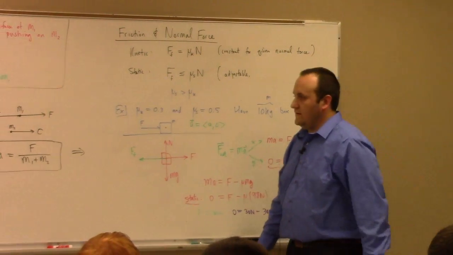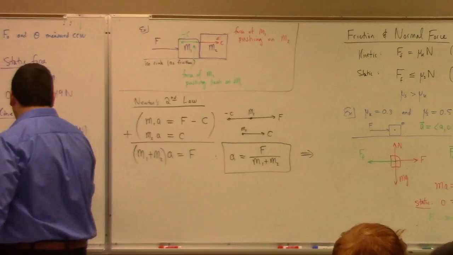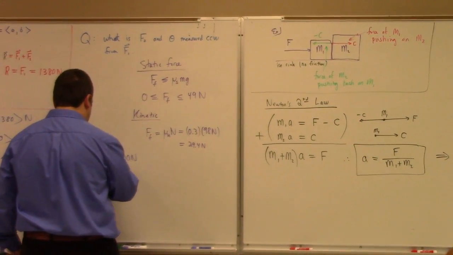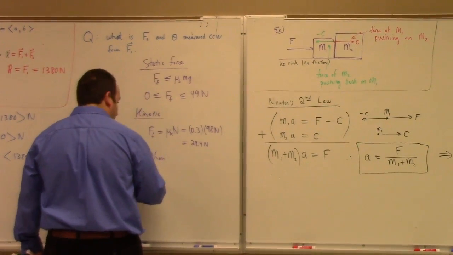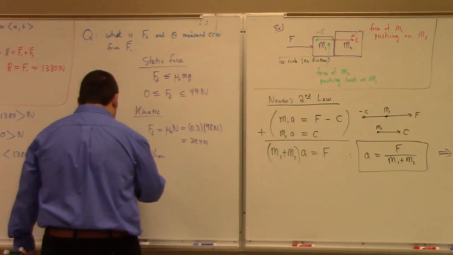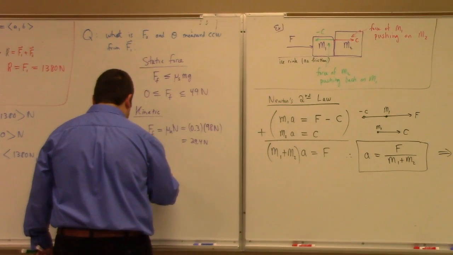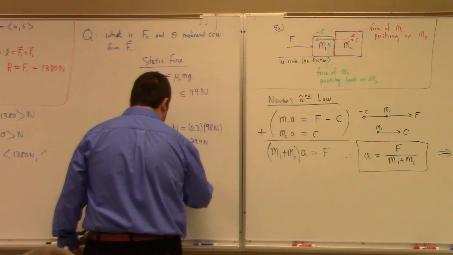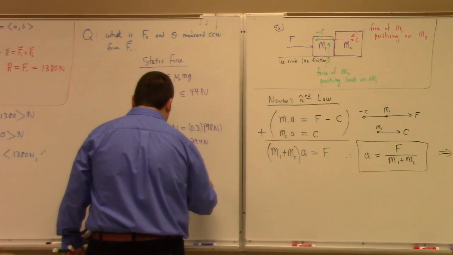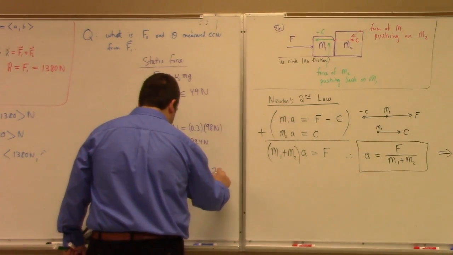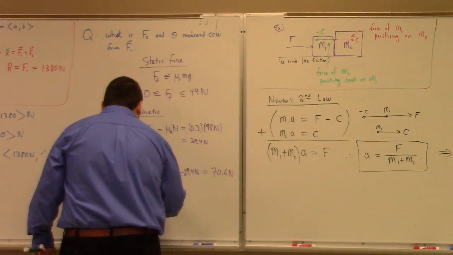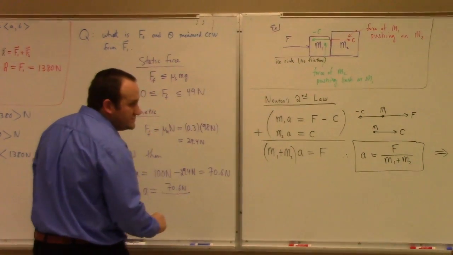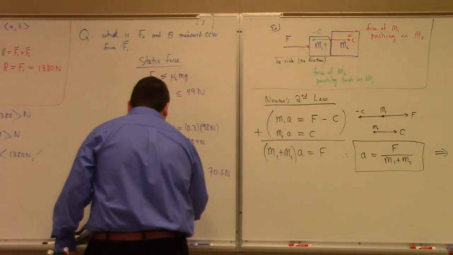So, for example, if I push with, say, 100 newtons, so if F is equal to 100 newtons, then what we would have is mass times acceleration is equal to 100 newtons minus 29.4 newtons, so we would have a net force of 70.6 newtons, and you could find that the acceleration was 70.6 newtons divided by the mass, which was what? 10 kilograms.